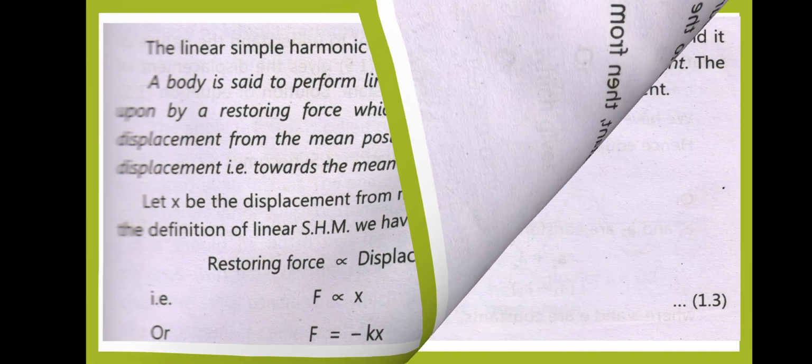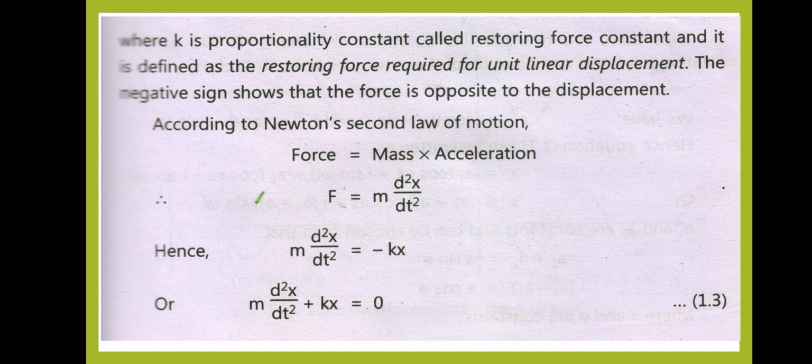According to Newton's second law of motion, force is equal to mass into acceleration, that is F is equal to m d square x by dt square, where d square x by dt square is acceleration.